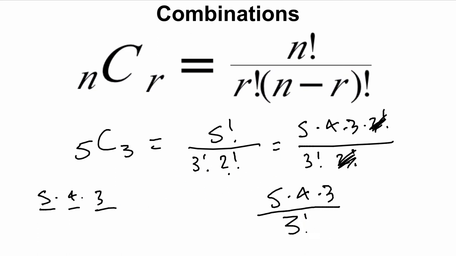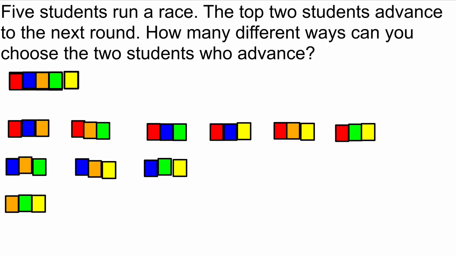It would be too many by exactly a factor of 6. 3 factorial, which is 6. 5 times 4 times 3 over 3 times 2. The reason why you divide by 6 is because that's how many times this would repeat itself. Because I could take this one and I could rearrange it into this order, and I would have 6 different arrangements of these 3 colors.